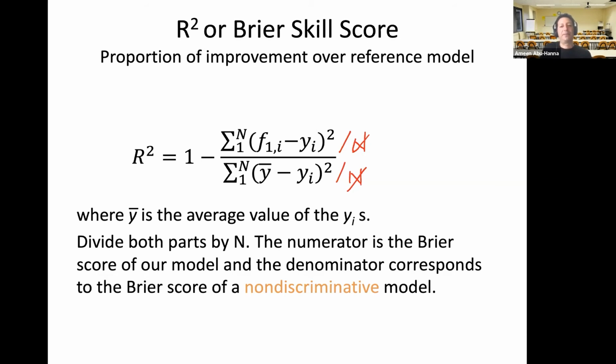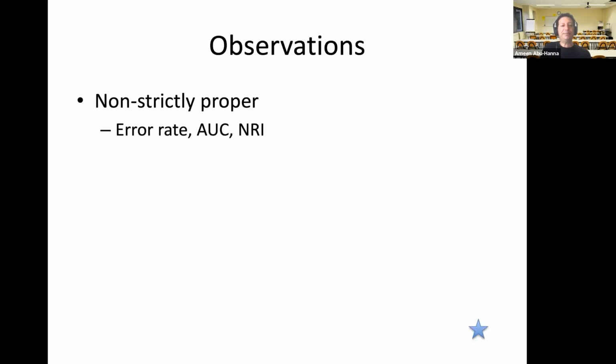Okay. Observations. So let's go back to these properties of non-strictly proper and strictly proper. It turns out that the Brier score and the R squared, asymptotically, are strictly proper. You cannot fool them by playing with the probability.